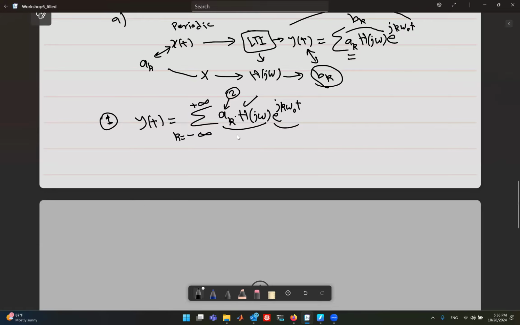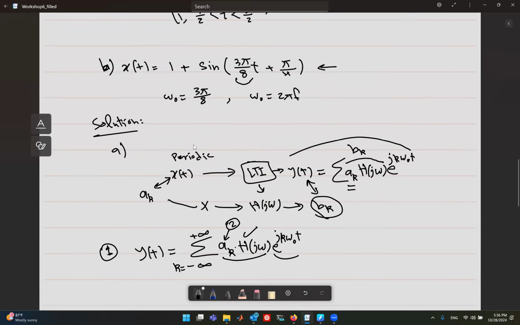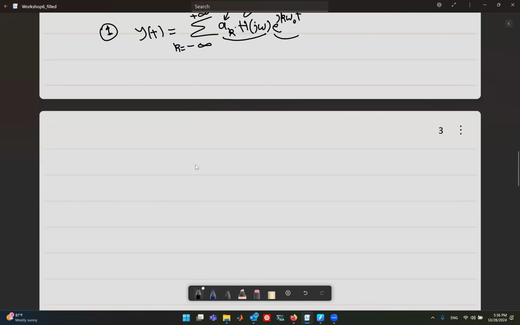So let's find the coefficients of this signal given by this piecewise equation. Find ak, the Fourier series coefficients of xt.